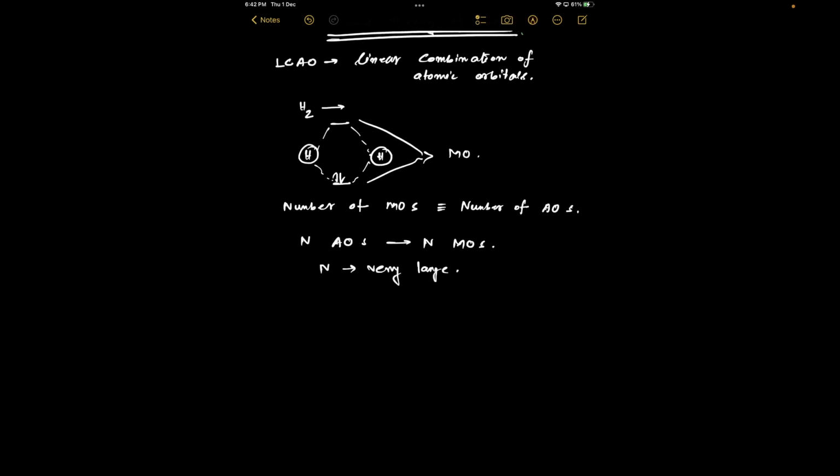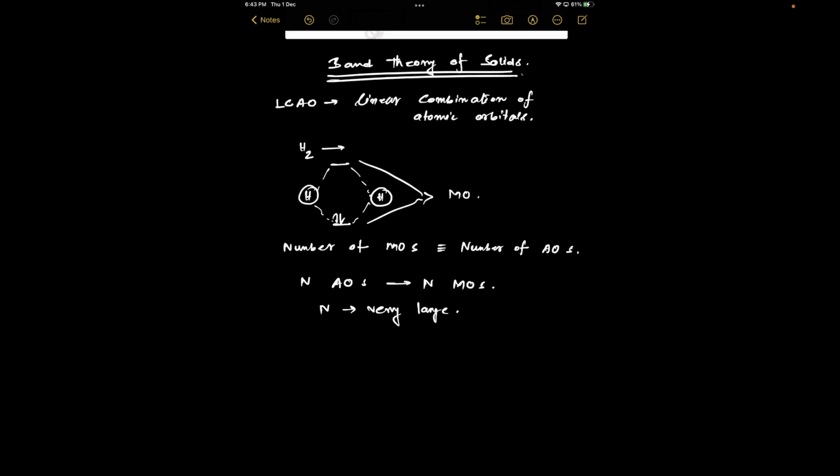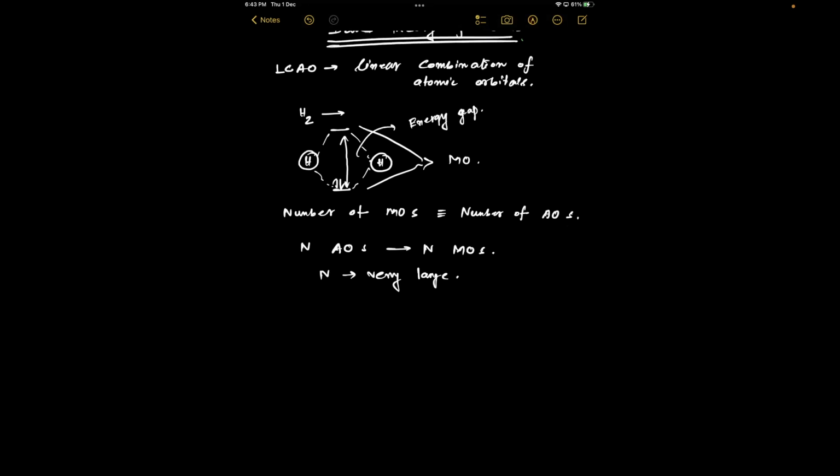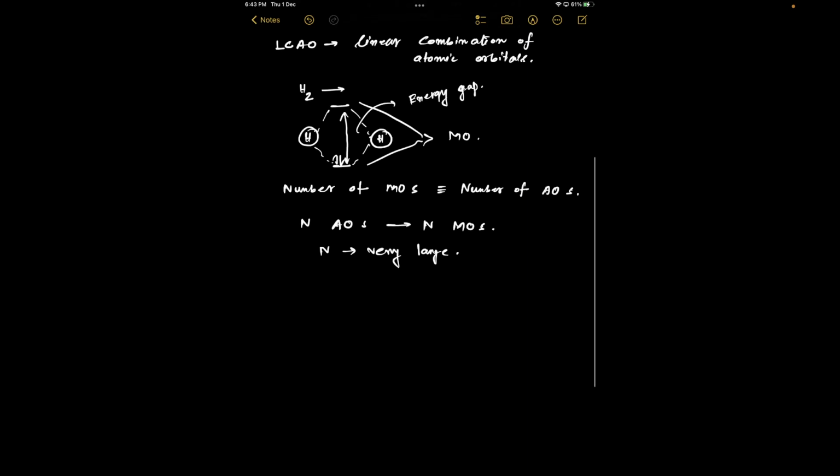Now in general, for the H2 case, there is an energy gap between the two molecular orbitals, right? But when a very large number of atomic orbitals overlap to form n molecular orbitals, the energy gap between two successive molecular orbitals will be very small.